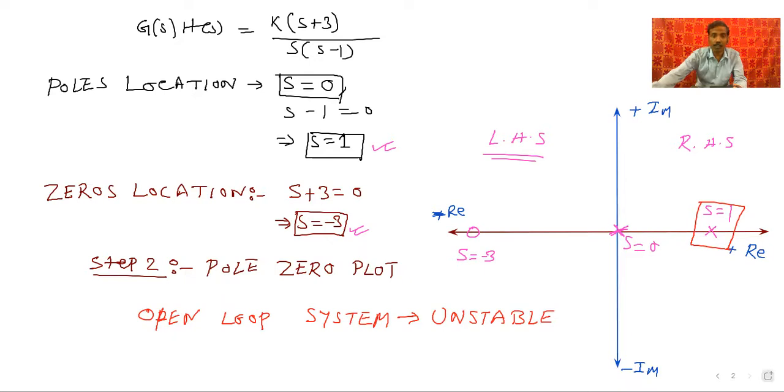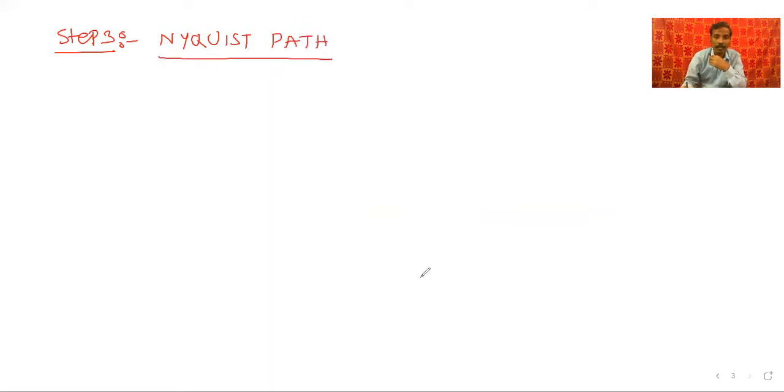Then draw the Nyquist contour or path. Step number 3, Nyquist path. First draw the Nyquist path. This is the y-axis or imaginary axis, and this is the real axis.